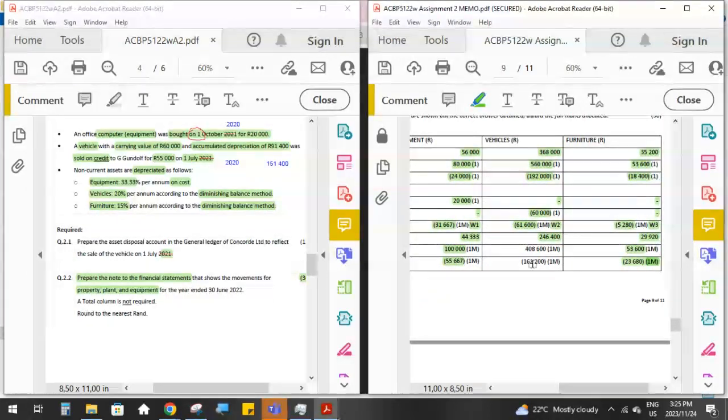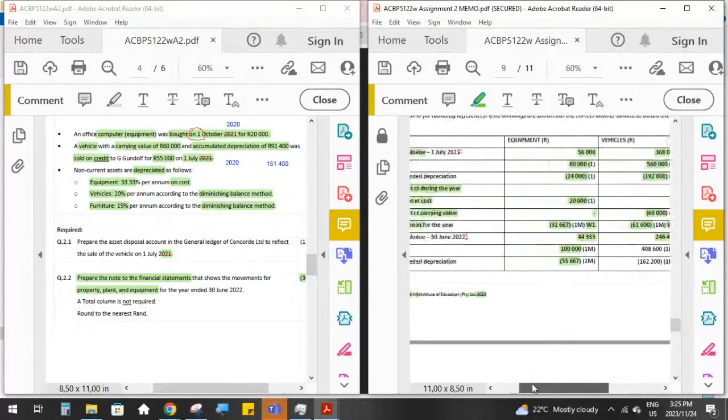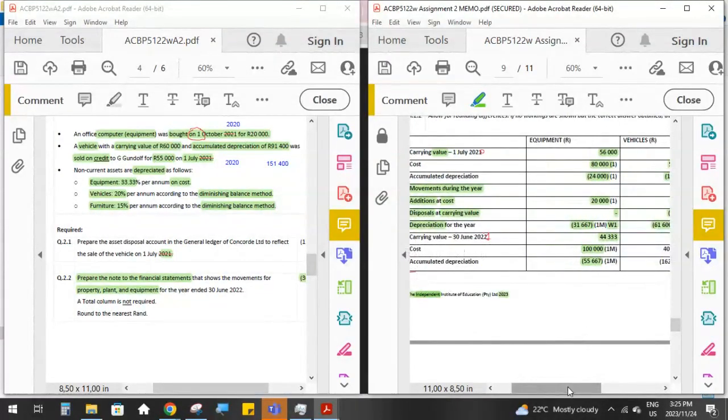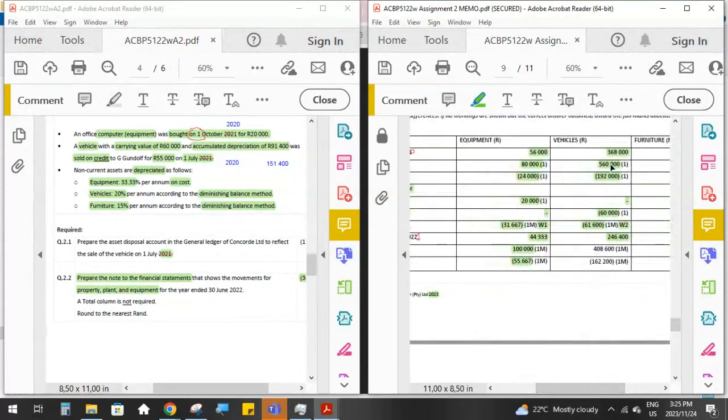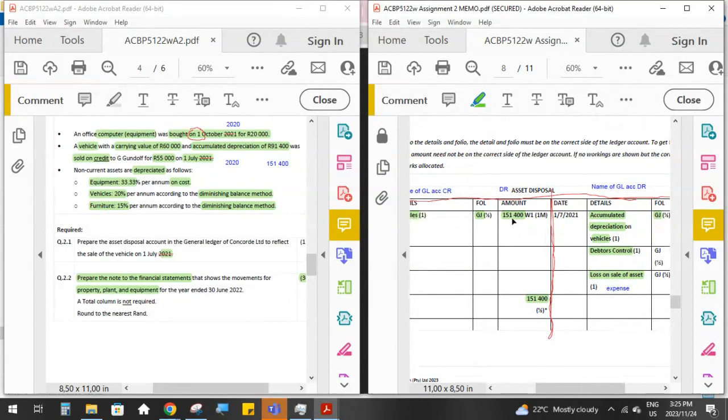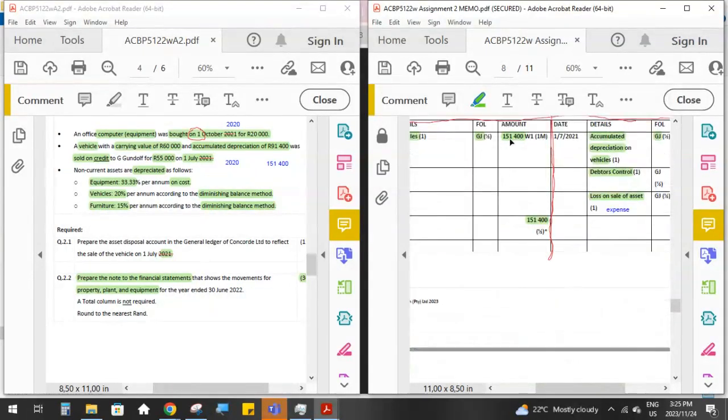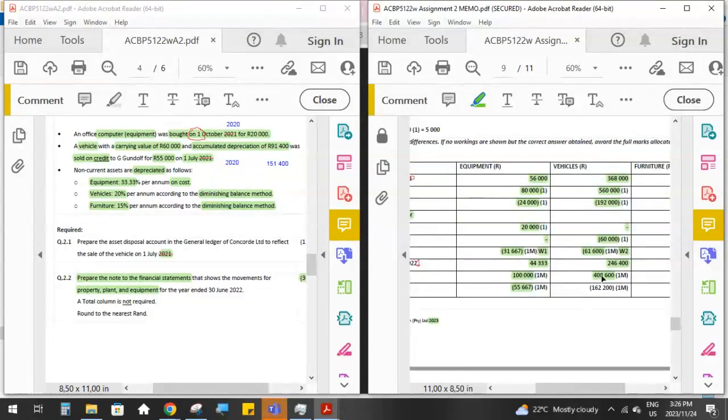And then you can work out your closing balances again. Which one is the cost line? Here we go. Cost is this middle one. We've got opening cost of 560 minus the cost of 151,400 of the vehicle that we sold, which gives us a closing cost of 408,600. So opening cost minus the cost of what we sold will give me my closing cost.